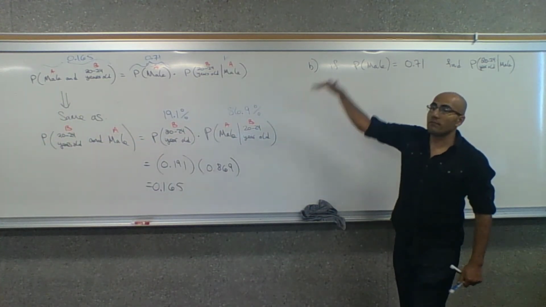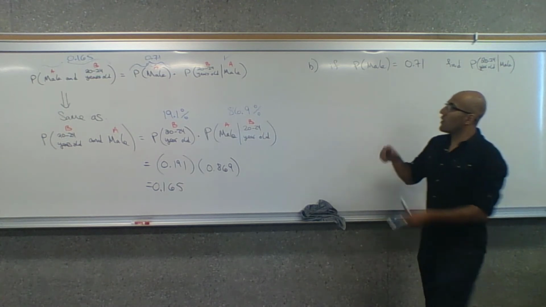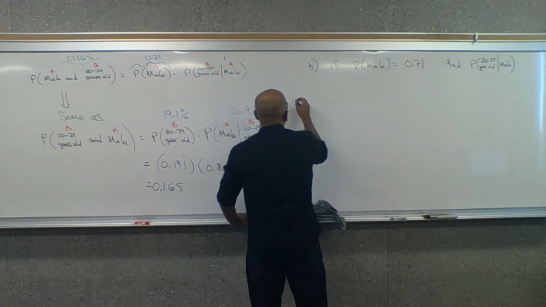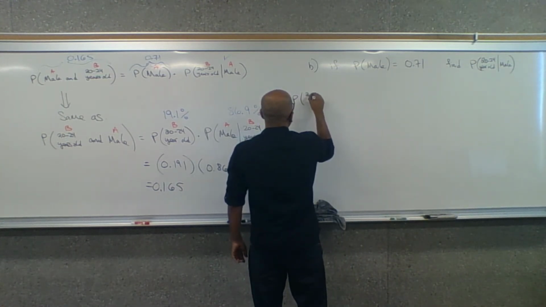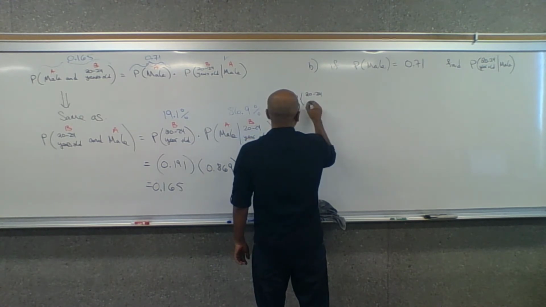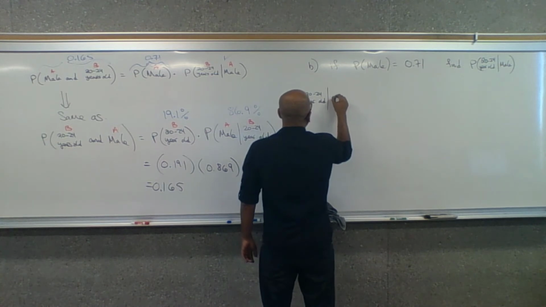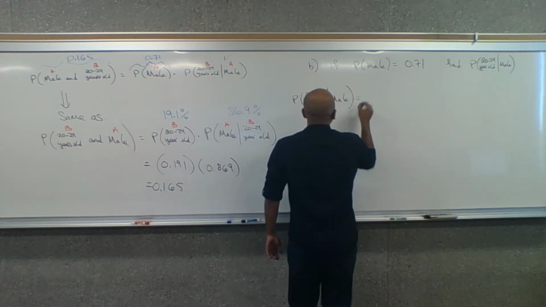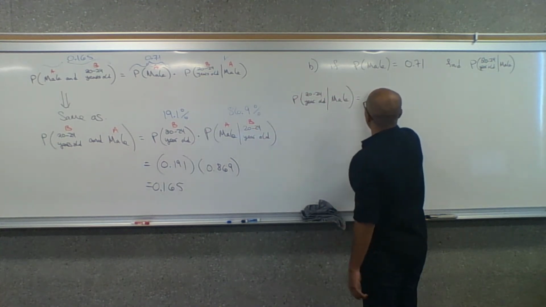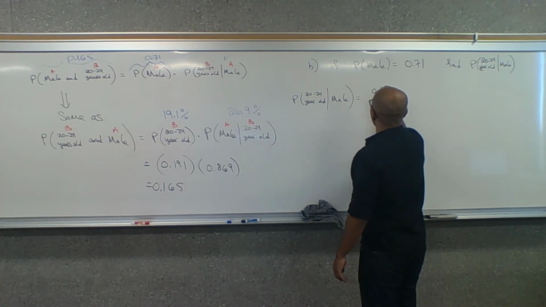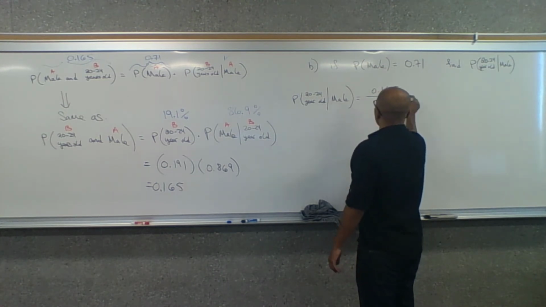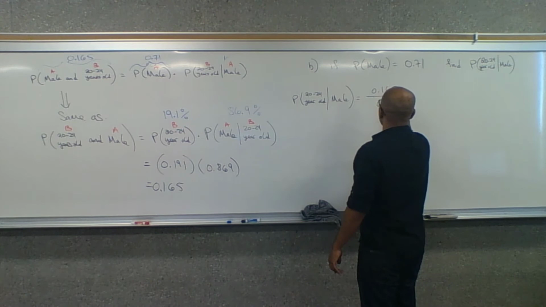All I have to do is divide them. Got it? So the answer would be then the probability that it's a 20 to 24 year old given that they're male is going to be equal to 0.165 divided by 0.71.